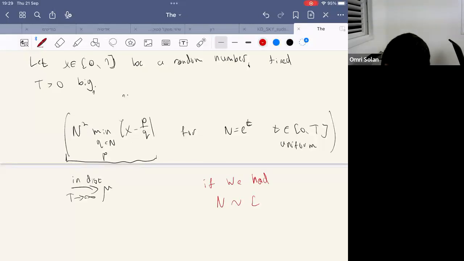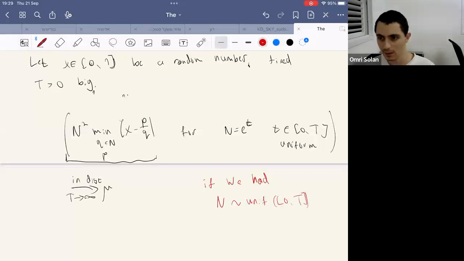If q turned out to be half n, then the best approximation would be very correlated for a lot of values of n.